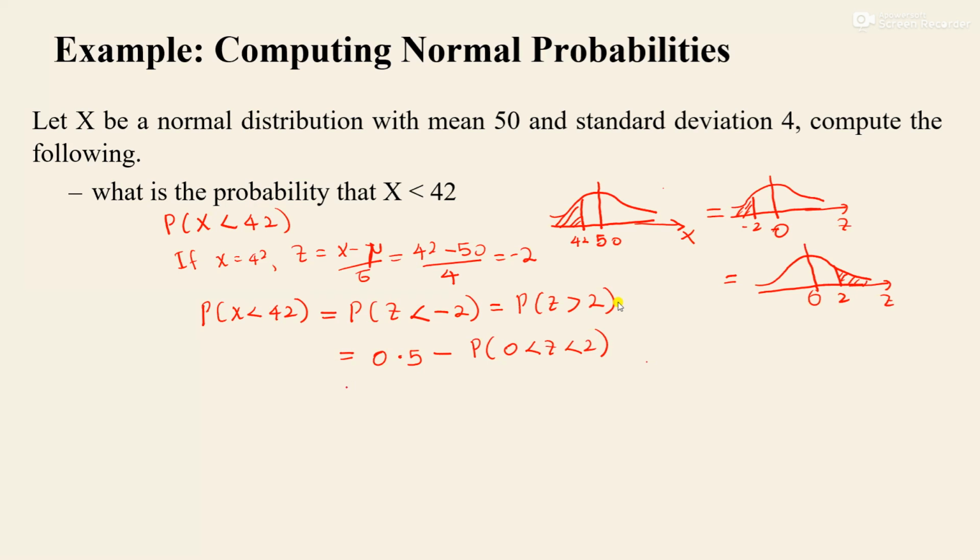From the table, you have to take the row that indicates z value 2, and there are no decimal points. So the row 2 and the column 0.00 intersecting will be the corresponding area, that is 0.4772.